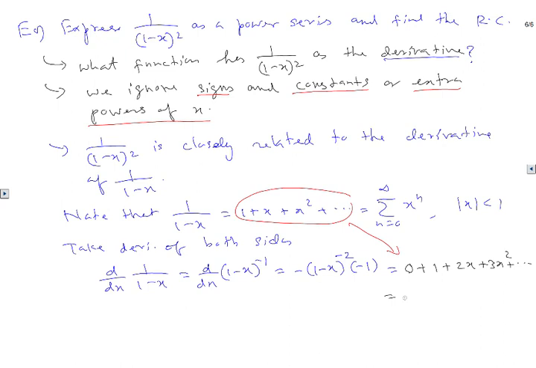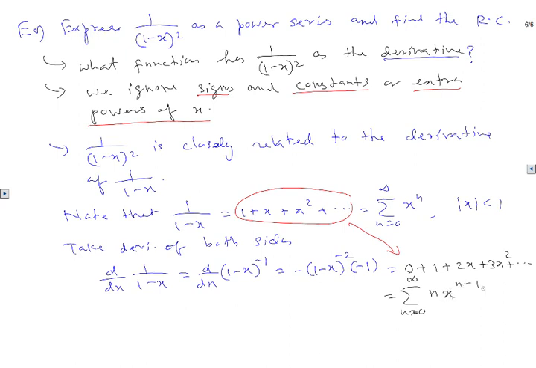Or you can do the same thing with the power series representation. The first term, when you plug in n equals 0, is 1. The derivative of that is 0, so that term goes away. So we can write this as sigma n going from 0 to infinity of n x to the n minus 1.